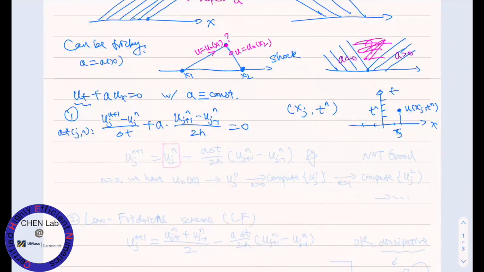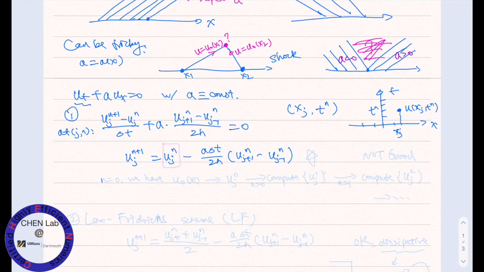If you move everything with n to the right, and keep everything with n plus 1 on the left, this is u_j^{n+1} equals u_j^n minus a delta t over 2h times (u_{j+1}^n minus u_{j-1}^n).